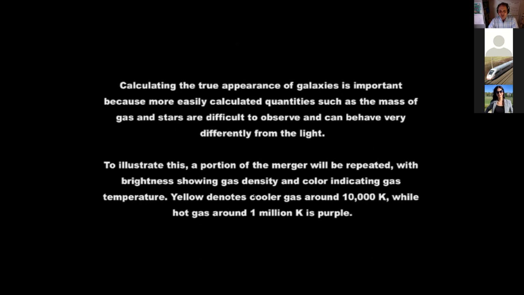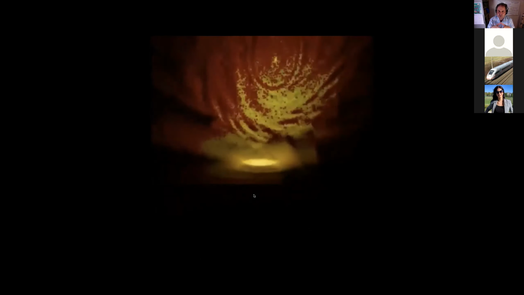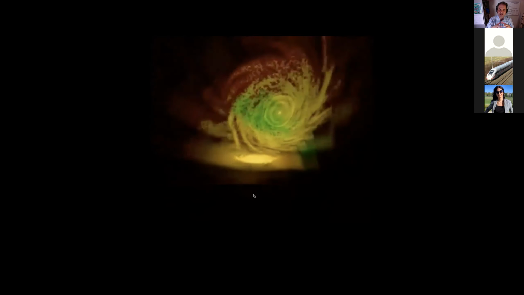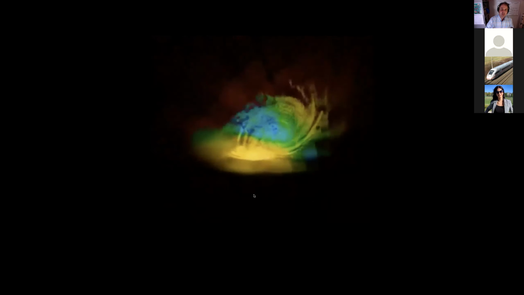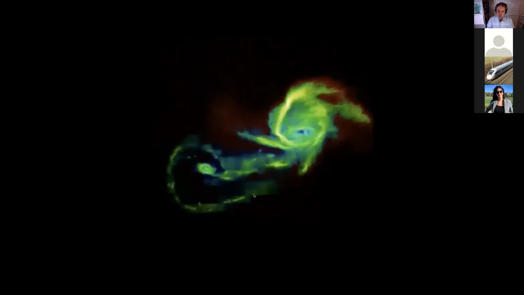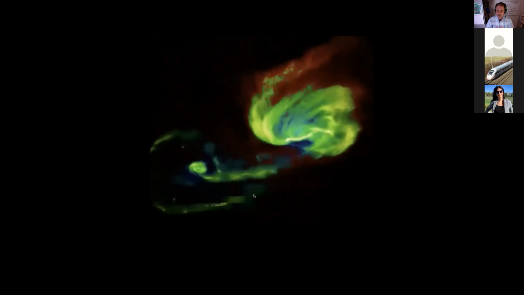Okay, so the big trick here is that you have these morphologies and you're sensitive to different times in different colors. And now, for example, you could also see this whole thing in gas. What happens if I look at the gas morphology? So that's what we're seeing here. And suddenly we get these tails way early, much wilder geometries.